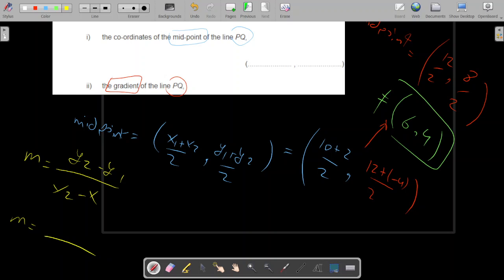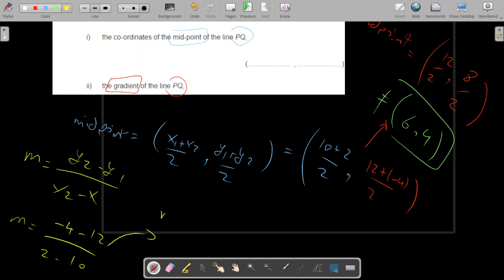y2 is equal to minus 4 and y1 is 12, so minus 4 minus 12. Okay, x2 minus x1, x2 is going to be equal to 2, so 2 minus 10.